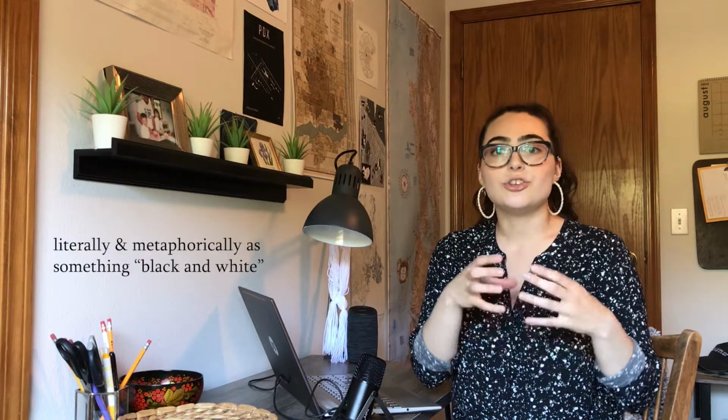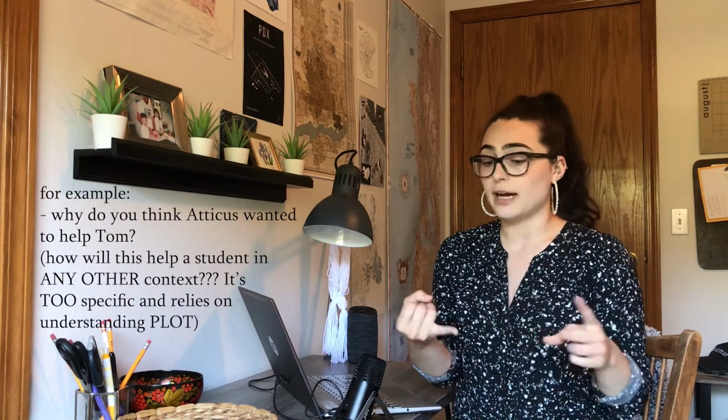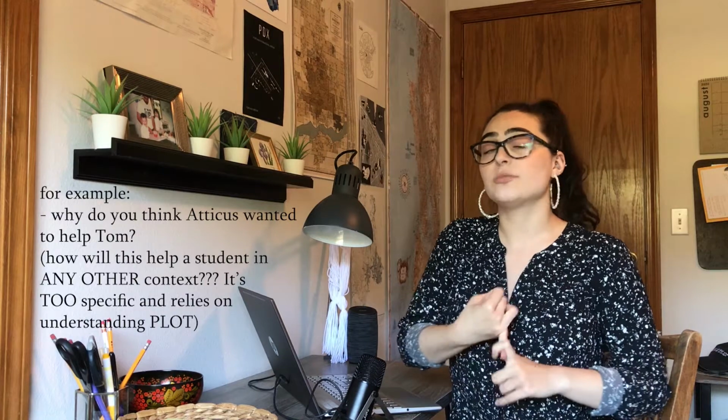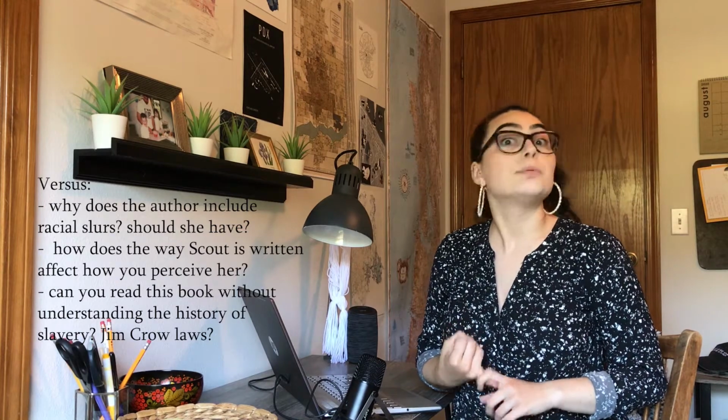Like, I love using this example because I hate teaching this book, but To Kill a Mockingbird, right? A lot of teachers use that book in a really, really narrow lens to talk about racism in America. And that is the narrow lens that you can use. When also what you could be doing is talking about what does it mean to be critical of an author writing about experiences of people different than her.